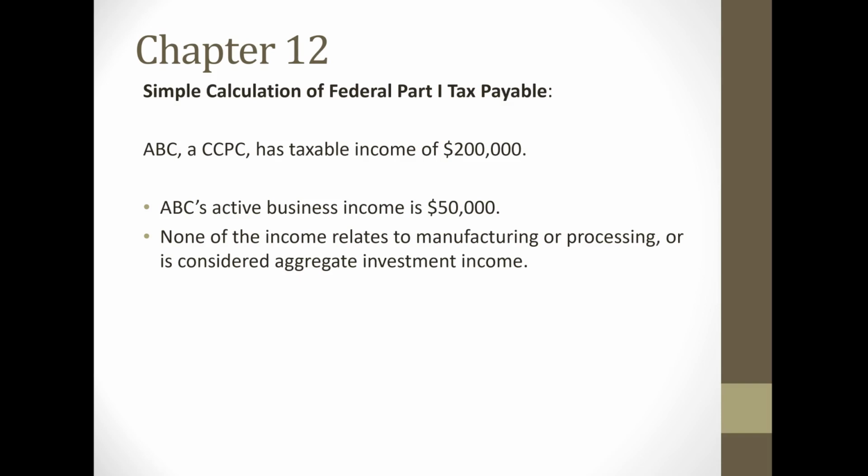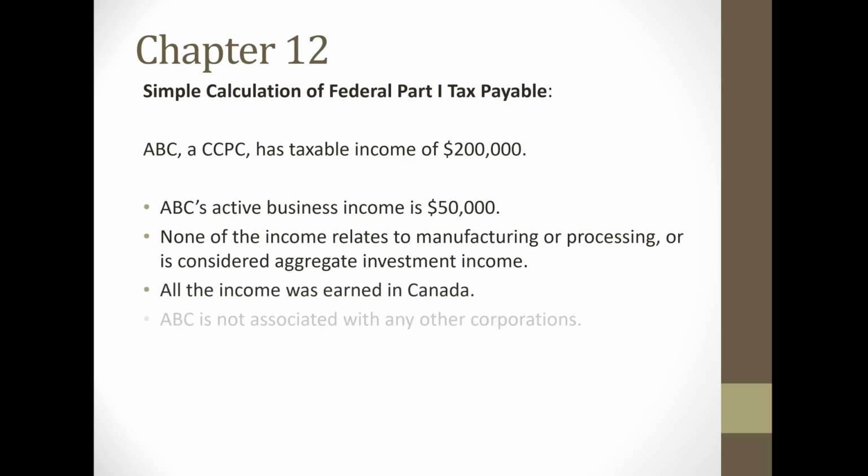So let's just keep this example really simple. $200,000 of taxable income, $50,000 of that is active business income, and none of that income is related to manufacturing or processing, and none of it relates to aggregate investment income. All the income was earned in Canada, and ABC is not associated with any other corporation.